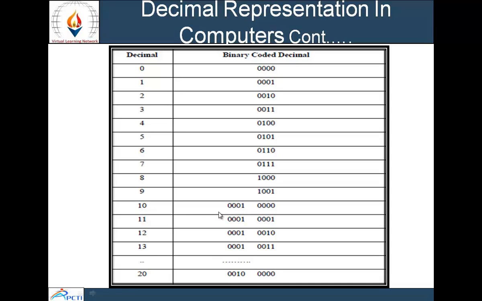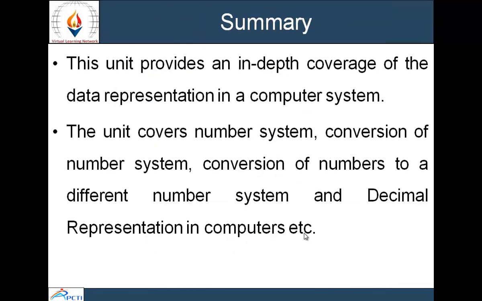That is, for 1, 0001, and for 0, 0000 is used. Similarly, for 11, the BCD will be represented by taking the combination of the BCD of 1 and 1 two times, that is 0001 and 0001, and so on.